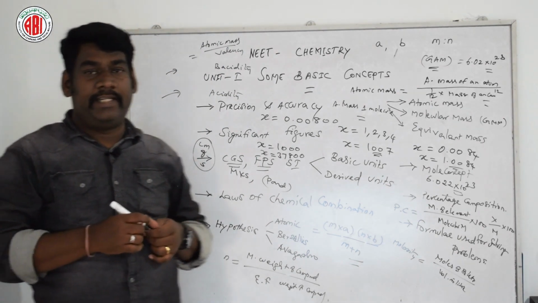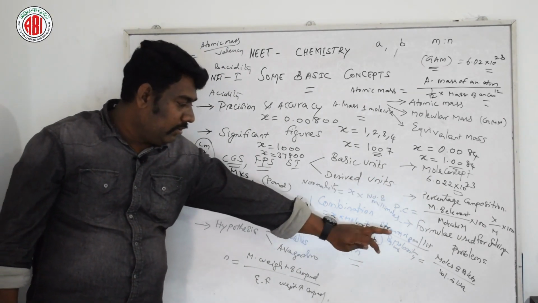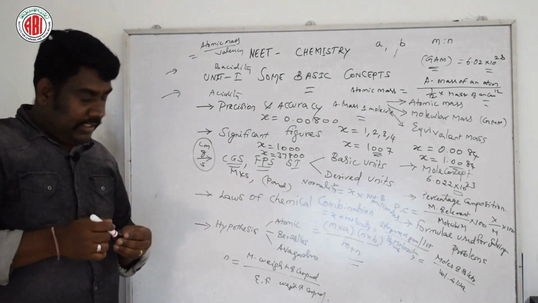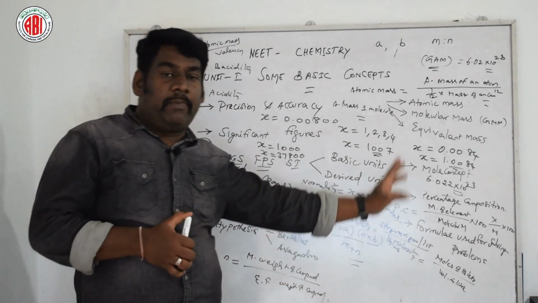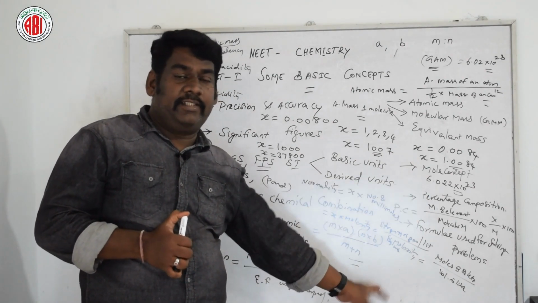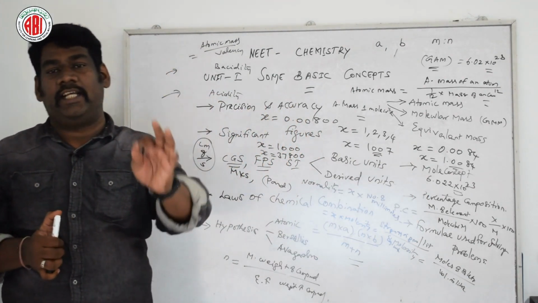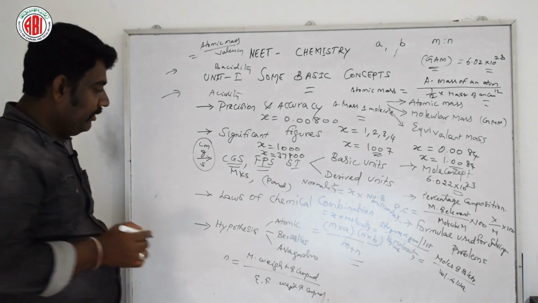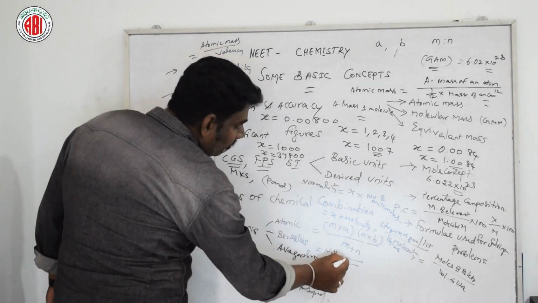Then normality: x into molarity is equal to strength given in gram per liter by equivalent weight, where x is molecular weight by equivalent weight. So x is nothing but the valency or the change in number. The normality formula we usually write is n1 v1 equal to n2 v2.